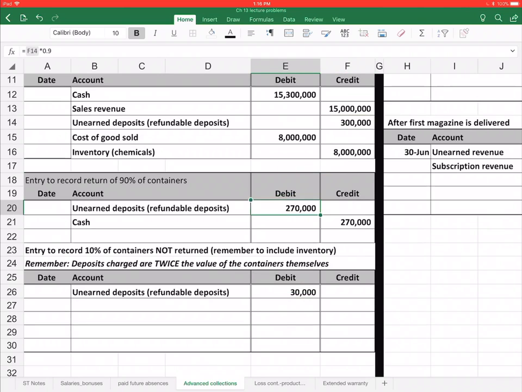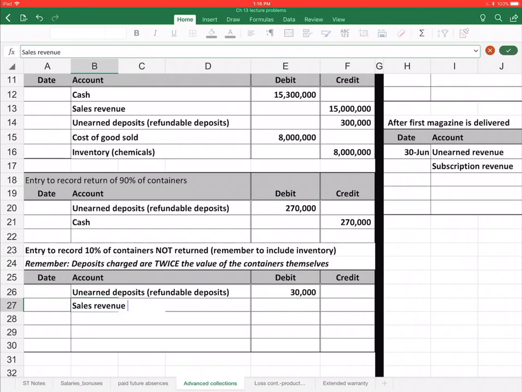We accounted for $270,000 worth that had been returned to us. Now we're accounting for the fact that $30,000 worth of these containers are essentially being sold to those customers. They didn't return them in time, therefore now they keep them, and we account for that as a sale. So that's going to be accounted for as sales revenue related to the containers.